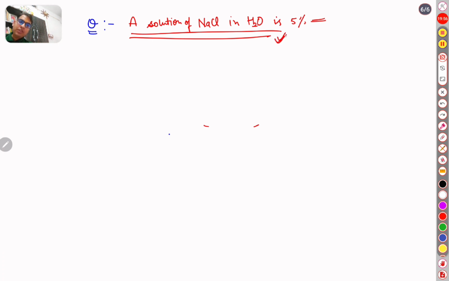So what is the meaning of this question? The meaning is 5 gram of NaCl present in 100 gram of solution. Easily, how can I find?